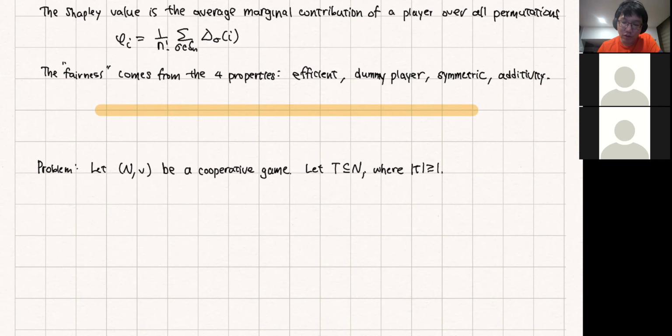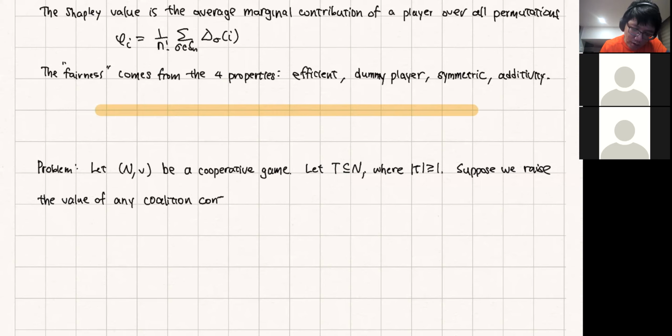Any coalition that contains T, we're going to add the value alpha. So suppose we raise the value of any coalition containing T by alpha. How would the Shapley value change?